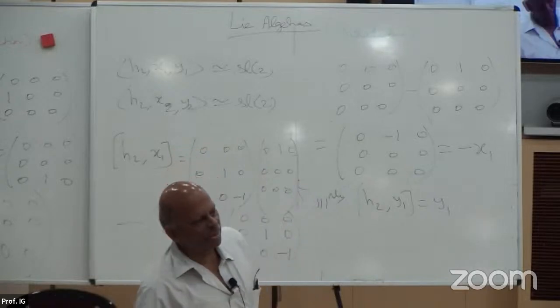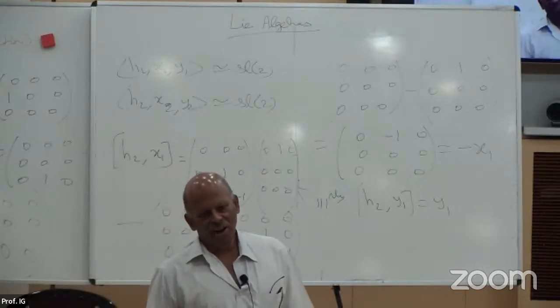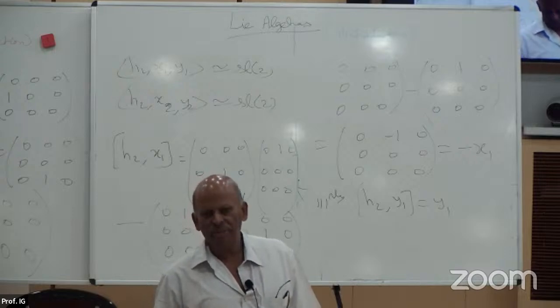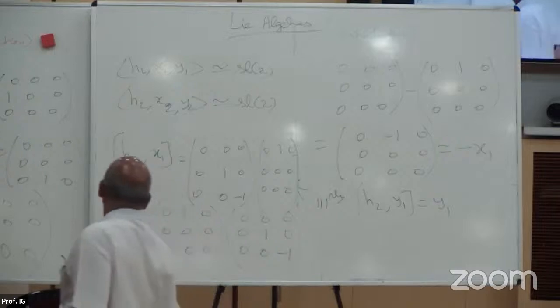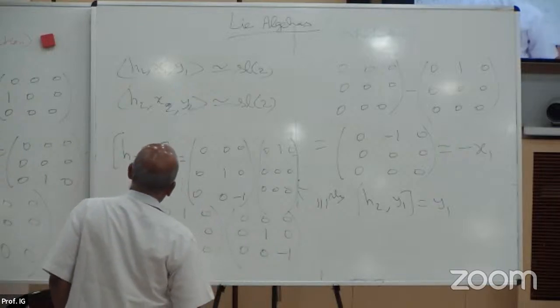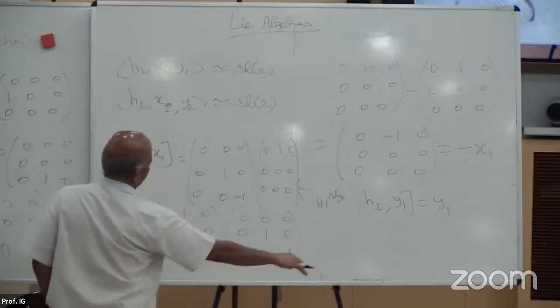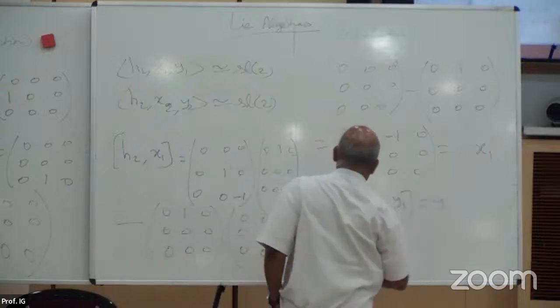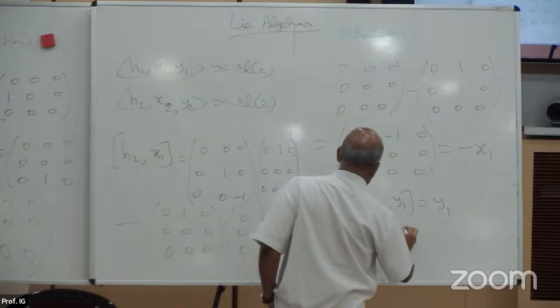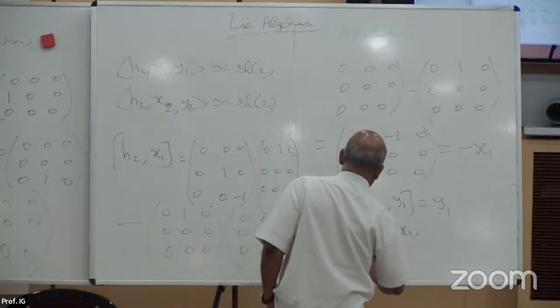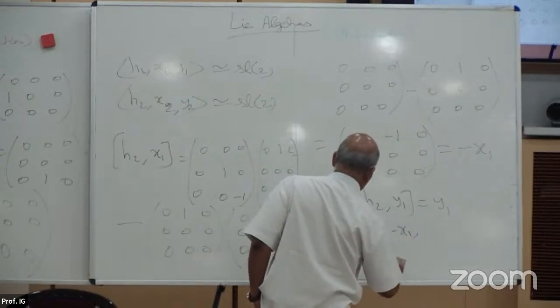And before coming here, we were discussing how to generalize the concept of eigenvalue and go to eigenfunctional. So if you see here, what have we got? H2, X1 is minus X1. H1, X1 I know is 2X.